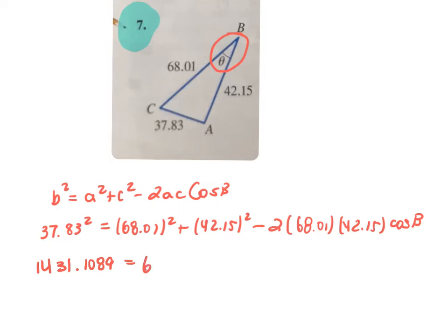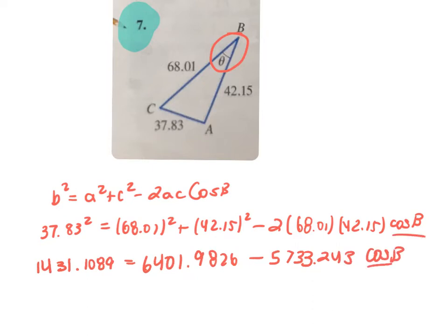And I get 6401.9826 minus, well, what's 2 times 68.01 times 42.15? I get 5733.243 times the cosine of b.